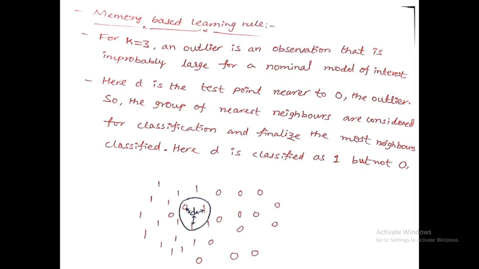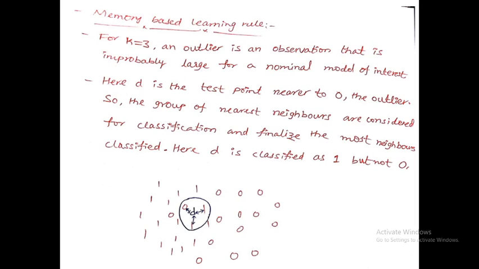Even to identify the k equal to 3 group, it will take a number of iterations. So k equal to 3 means 3 values are forming one group. In that, let us assume that at place D the X test value is there.